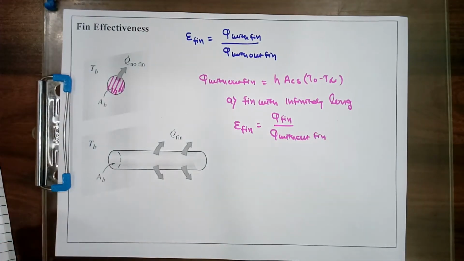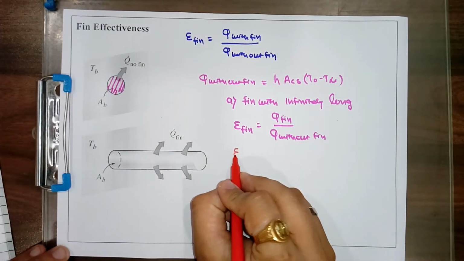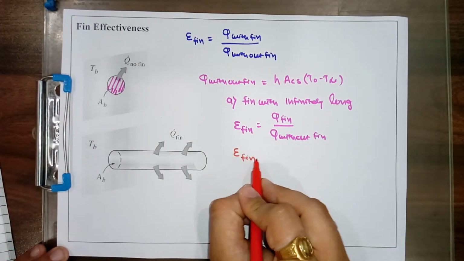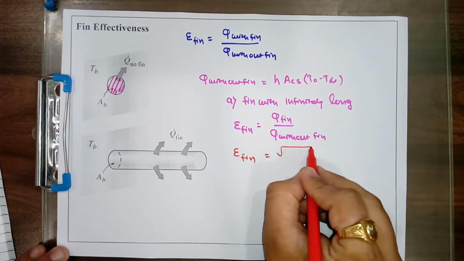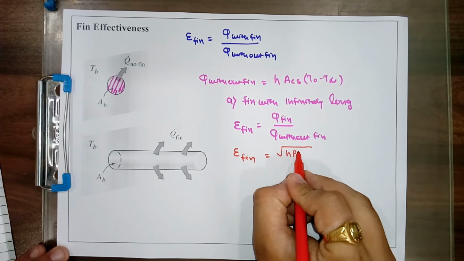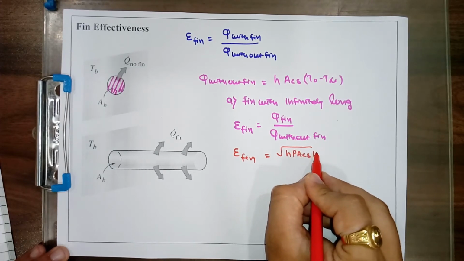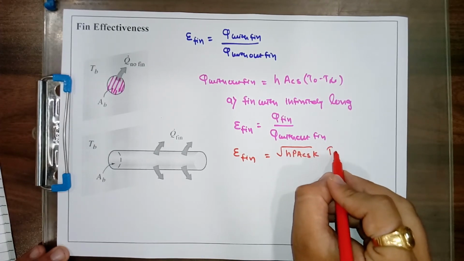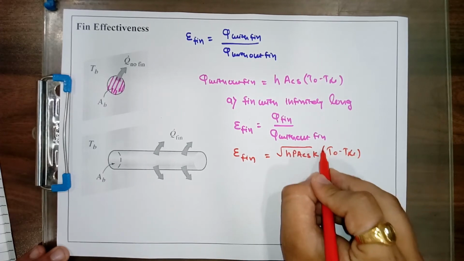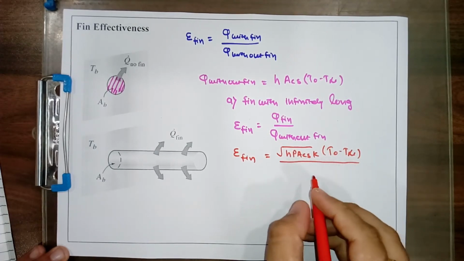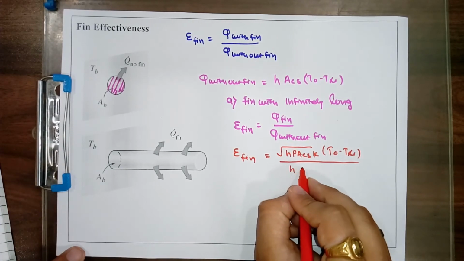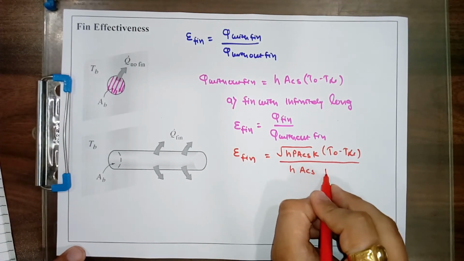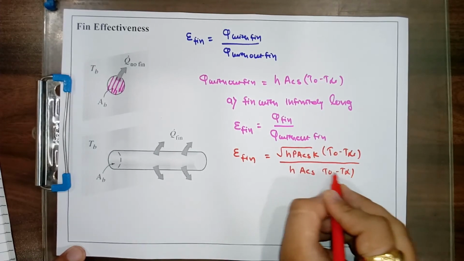By putting in the values, we get Q fin for the infinitely long fin as the square root of H P ACS K times T naught minus T infinite, divided by Q without fin, that is H ACS T naught minus T infinite.